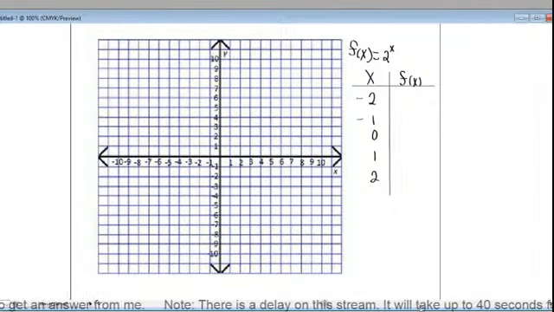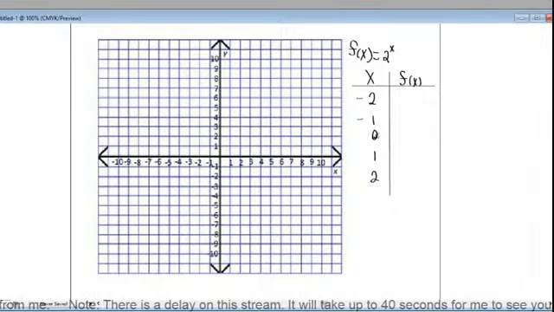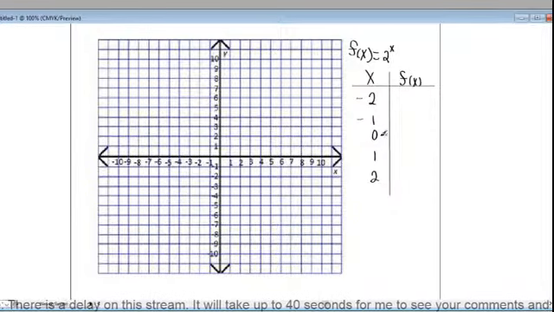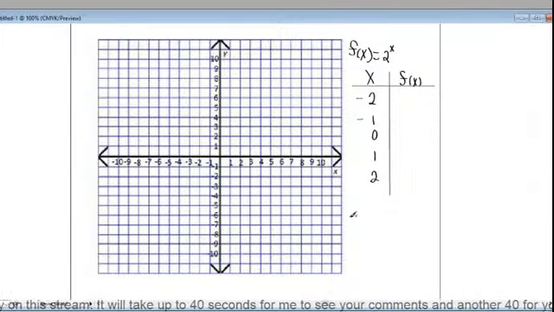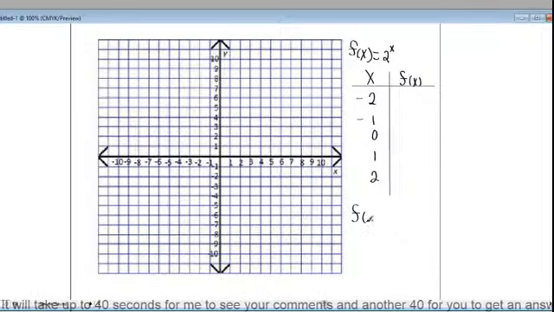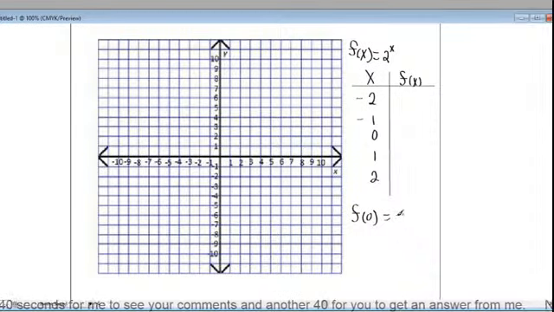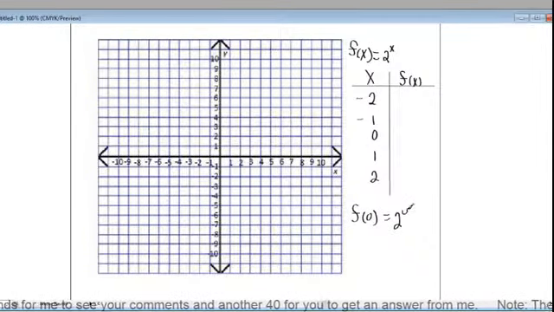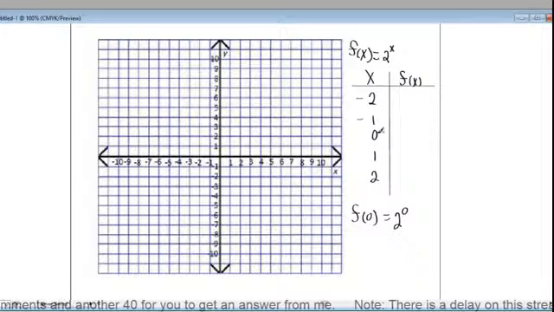Now, because I'm pretty sure that we're more familiar with positive exponents, I'm going to start with those, plugging them in for x. So 0 in for x here. So f of 0 equals 2 to the 0 power. Again, what we're doing here is we're taking each of these values and plugging them in for x.